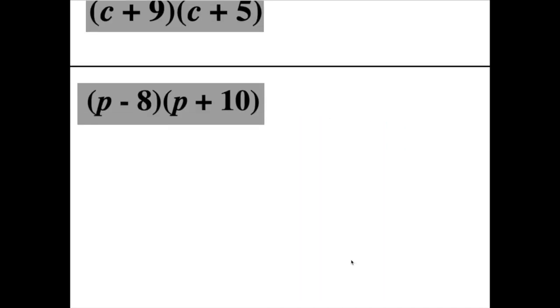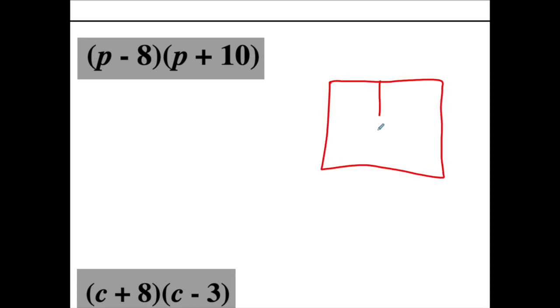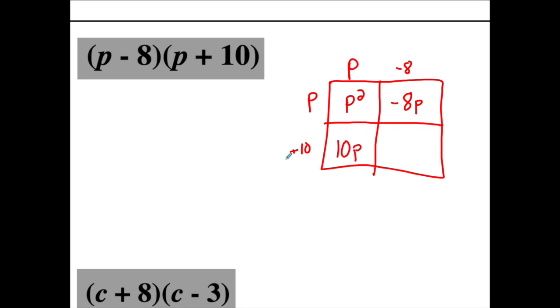Okay, so I'm going to come on down. We've got p minus 8 times p plus 10. Remember what we do. First, we make our box. Then we put p minus 8, p plus 10. So I get p times p, which is p squared, negative 8 times p, negative 8p, p times positive 10, which is positive 10p, negative 8 times 10, which is negative 80.